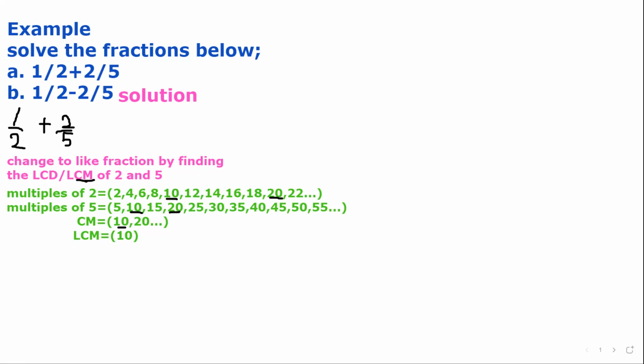That one we call the prime factorization method. In that one, we reduce the given denominators to 1. After then, the numbers that we use to reduce the denominators, you will multiply them to get your LCD. Just that.